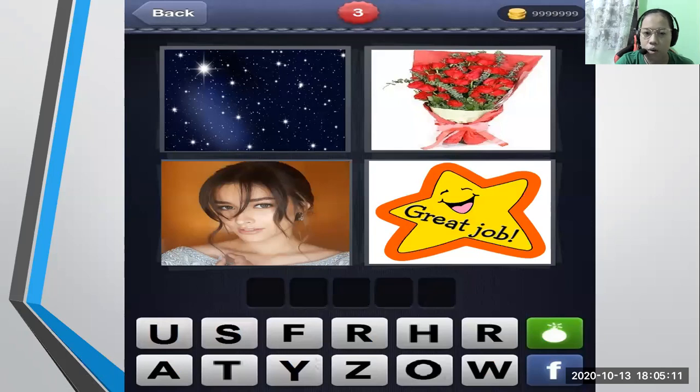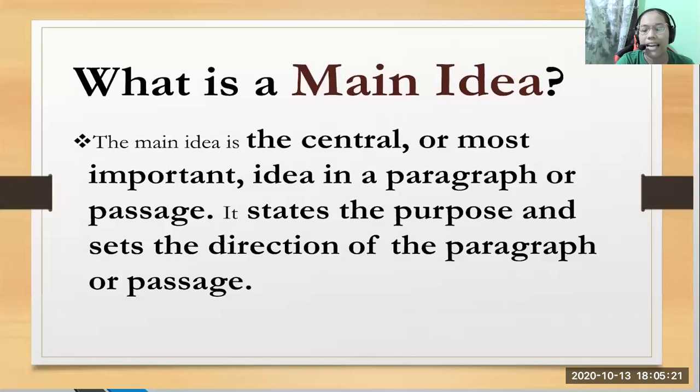Very good. So how are those 4 pictures connected? In relation to our subject, academic writing, that pertains to a main idea. So the question is, what is a main idea?